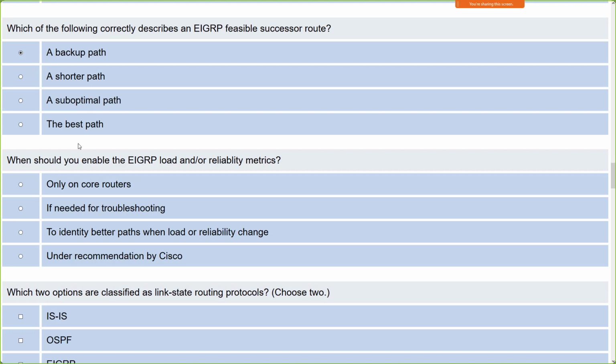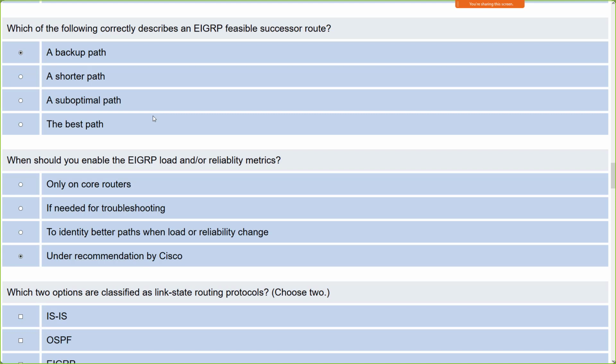When should you enable the EIGRP load and or reliability metrics? Only on core routers, if needed for troubleshooting, to identify better paths when load and reliability change, or under recommendation by Cisco. I would say D, because just about all the documentation from Cisco says don't ever change the values.